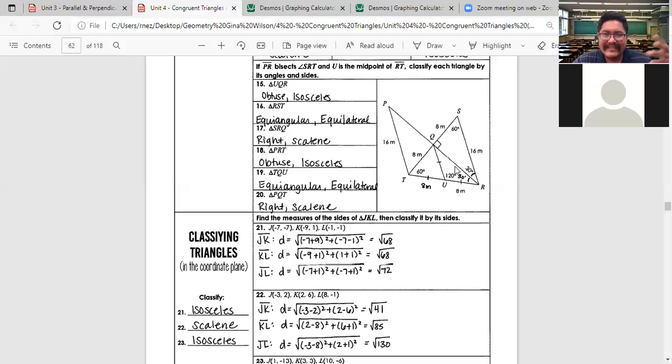We could also prove this again. Let's say we didn't have one of these right here, the 60 degrees. Let's say one or both of them were missing. Well, this is 16 meters. This is 8 and 8, which would also be 16 meters, which is the segment addition postulate, which says if I add these two together, that would be the total length of S to T, which would be 16.